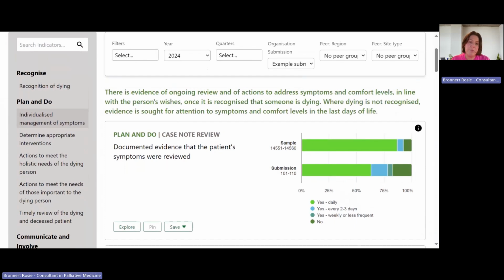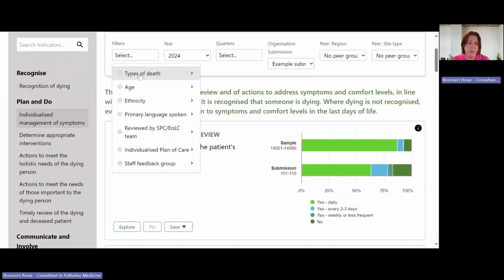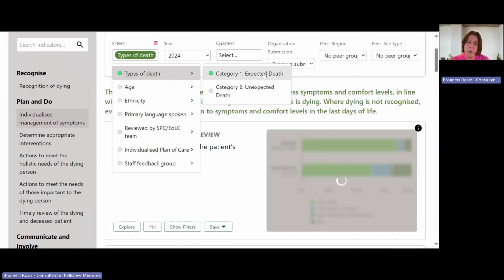And this is when you might want to use the filters section. So here you can choose the types of death, and then here you can select an expected death where it was recognised that they were going to die, or an unexpected death where it was not a surprise on retrospective review that somebody died, but the exact timing was not known.